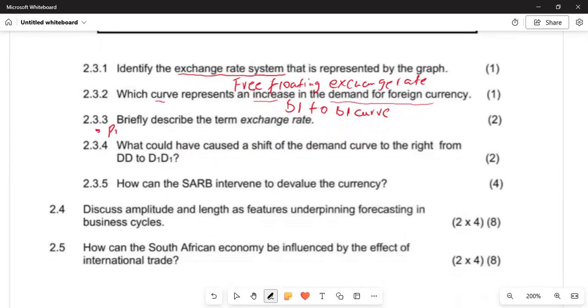You can talk about 18 rand to $1, which means you need 18 rand to buy one US dollar. So that's what it means. Now we are moving on.